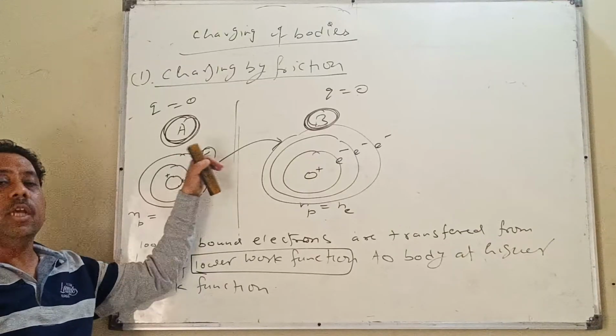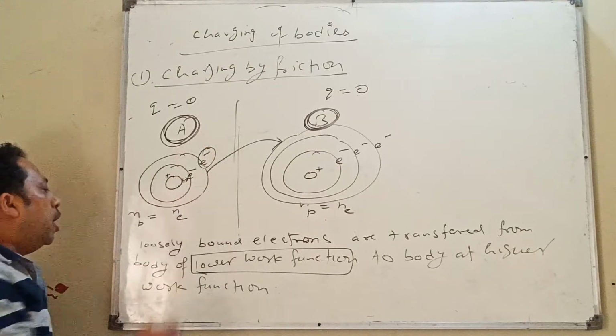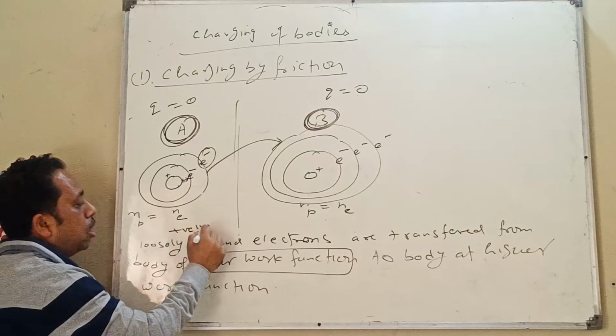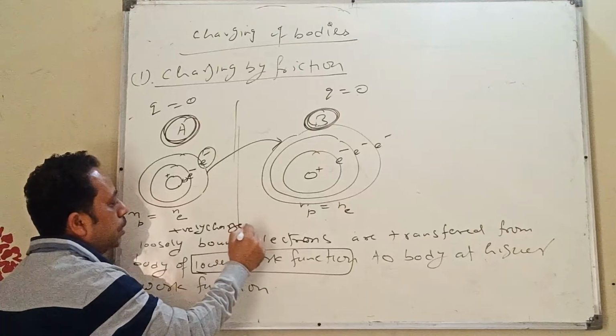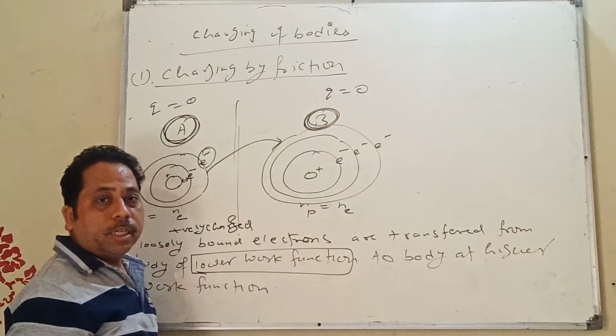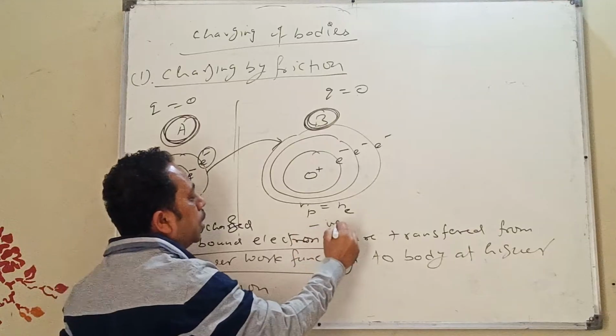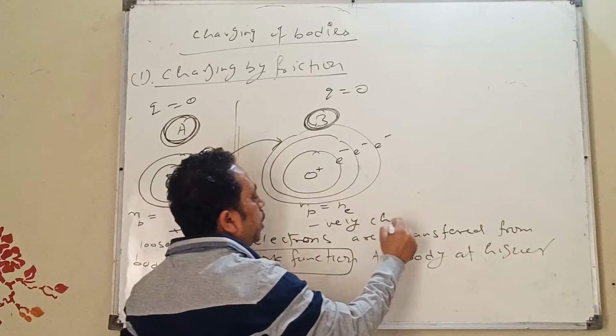So after rubbing, body A becomes positively charged. And body B is gaining negative electrons, that's why it becomes negatively charged.